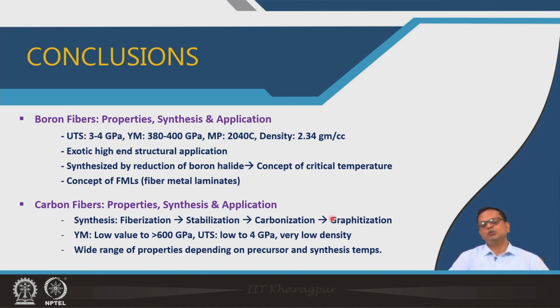Depending upon the final temperatures of synthesis and the kind of precursors, we get a wide range of properties in carbon fiber. But we can safely say that we can easily achieve a Young's modulus of around 600 GPa and UTS in the range of 4 GPa, and obviously the density is quite low.